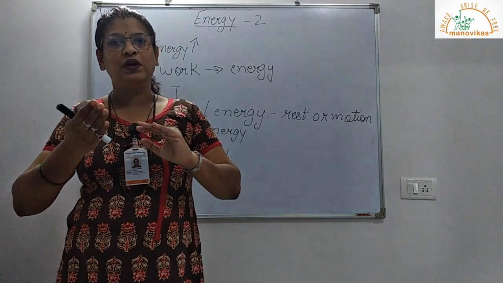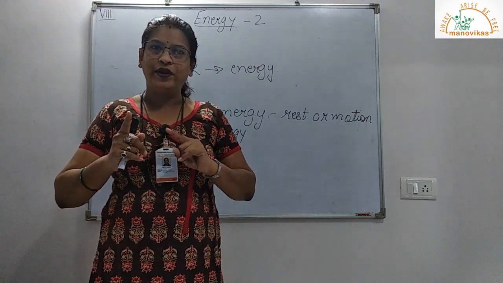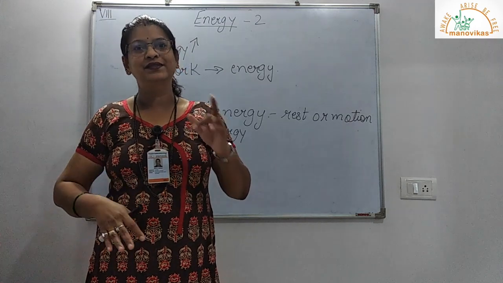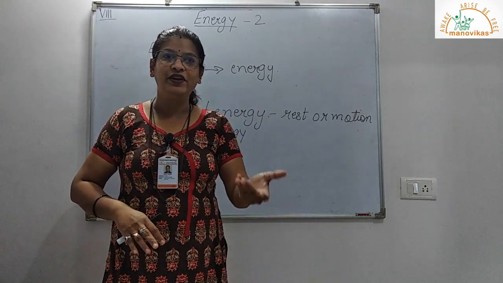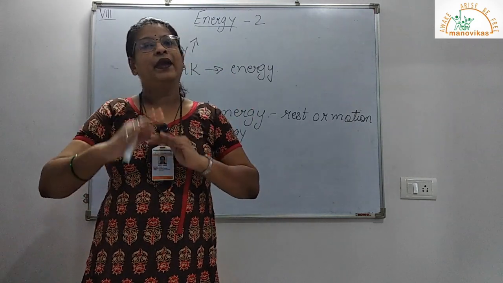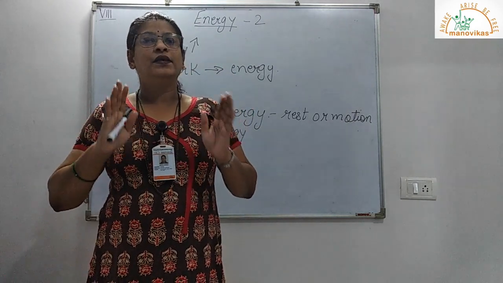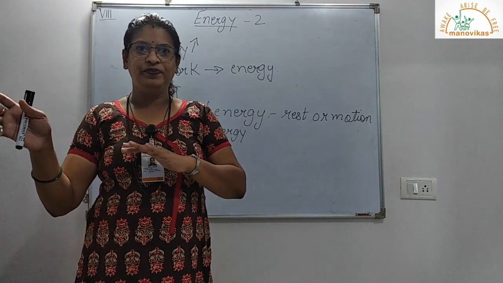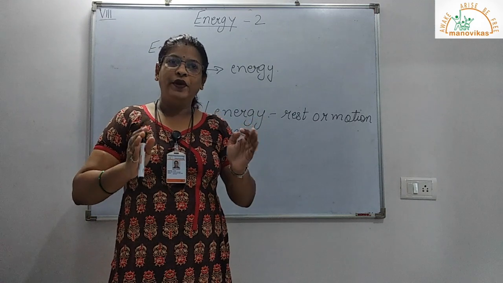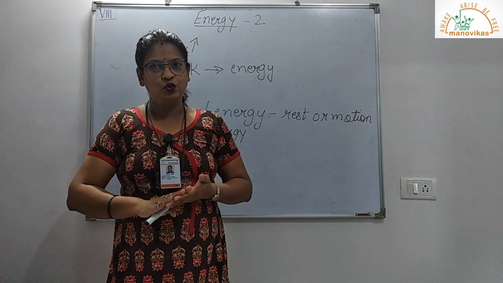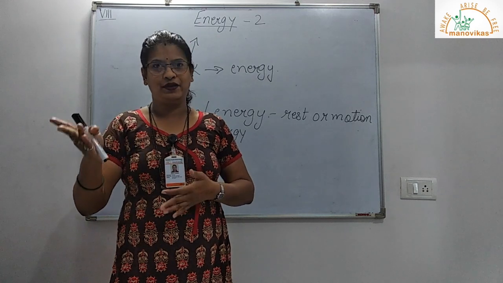So this work is stored in the body in the form of potential energy, and this is called the gravitational potential energy. The water in the dams is said to possess gravitational potential energy, and a body which is placed on a hill is said to possess potential energy.